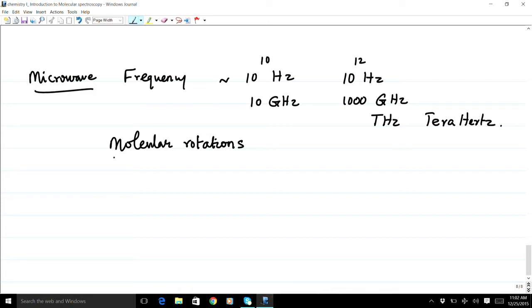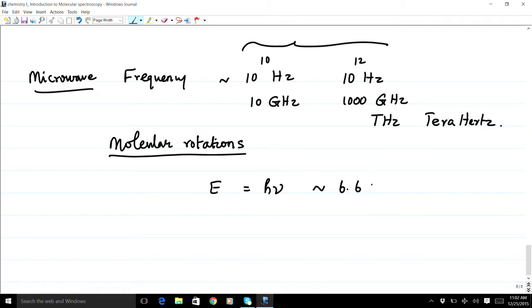Now that means molecular rotational energies must be in the range of the frequency that you have here, and the energy corresponding to this frequency, which is given by E is equal to h nu, which if you write is approximately 6.6 times 10 to the minus 34 joule second, times say 10 to the 12 hertz, either one of these hertz, which is basically second inverse.